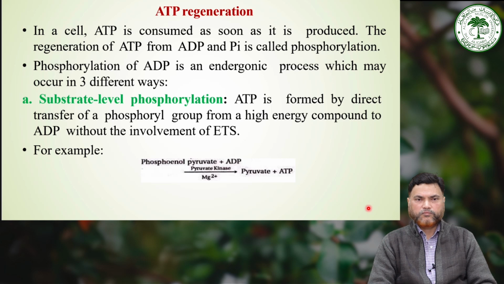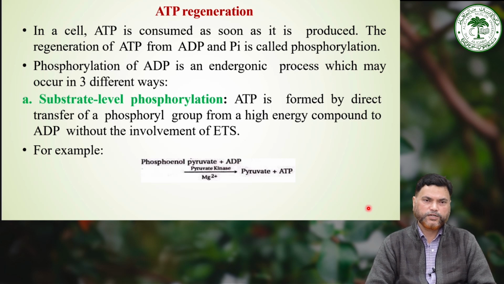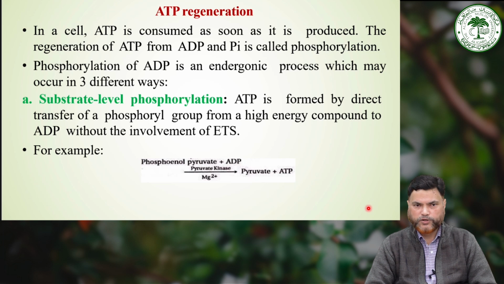Now coming to, what is the role of phosphorus in generation of ATP? You see that ATP is generally consumed and then further produced. So the regeneration of ATP from ADP and phosphate is called phosphorylation, and this phosphorylation is basically an endergonic process which could take place in three different ways.